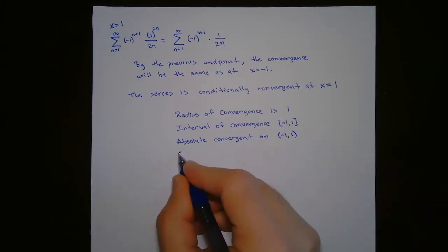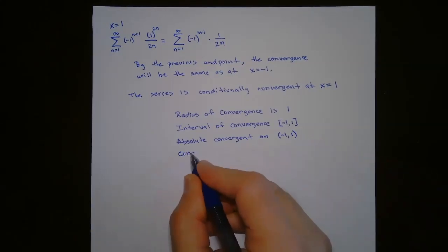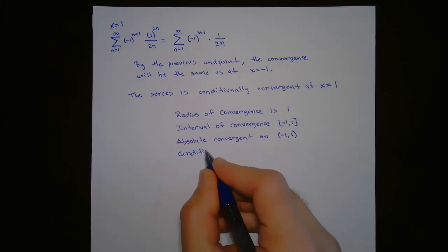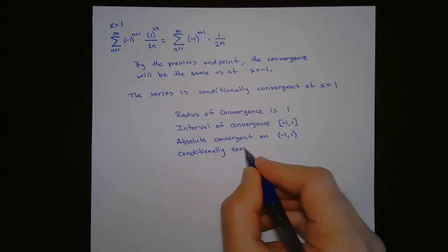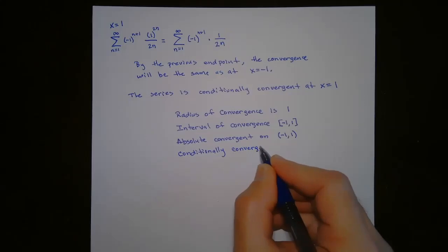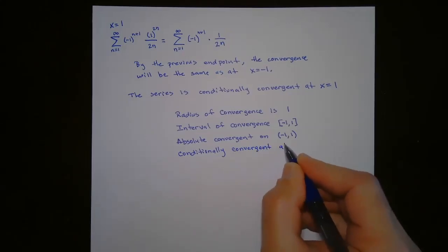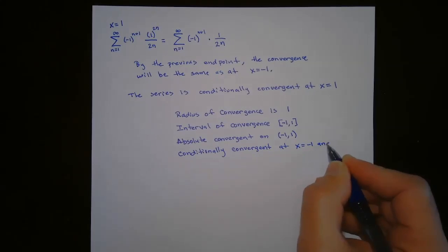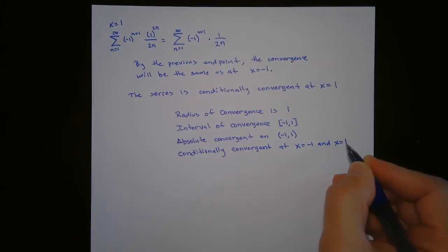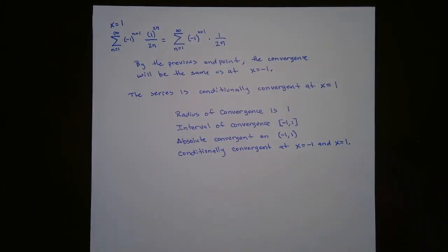And then where was it conditionally convergent? So conditionally convergent at x equals -1 and x equals 1. Those are the two x values that it's conditionally convergent on.